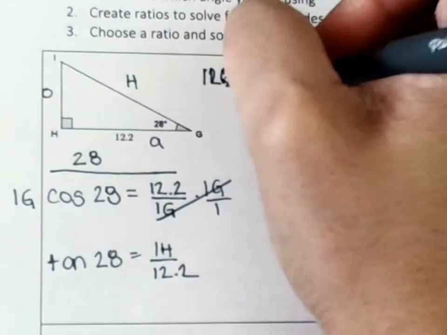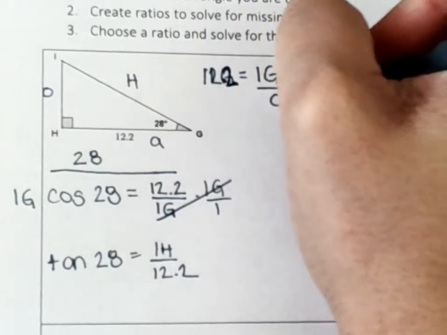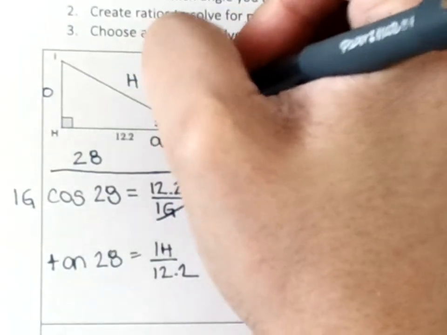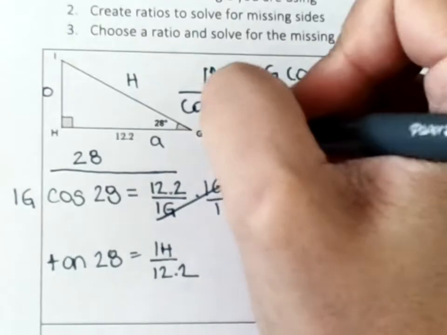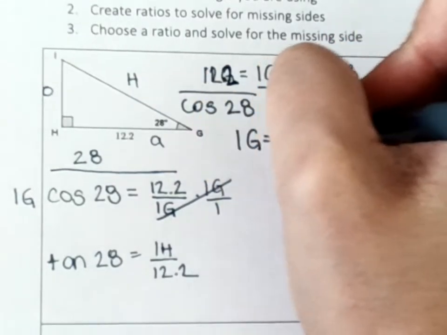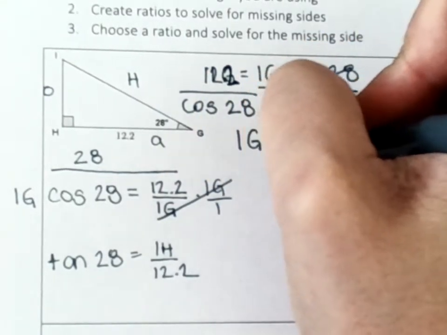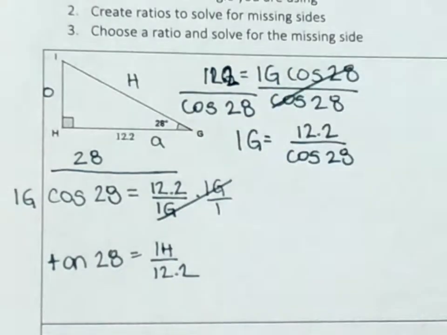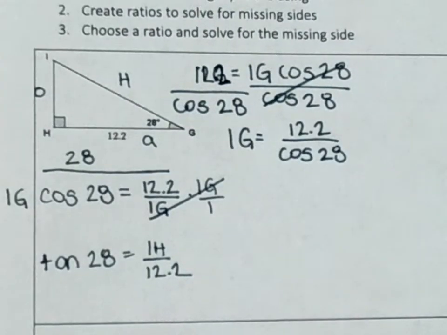We would then divide by cosine of 28 on both sides, giving us IG equals 12.2 divided by cosine of 28. We're going to solve this one next, and then we'll put both in the calculator to see what we get.